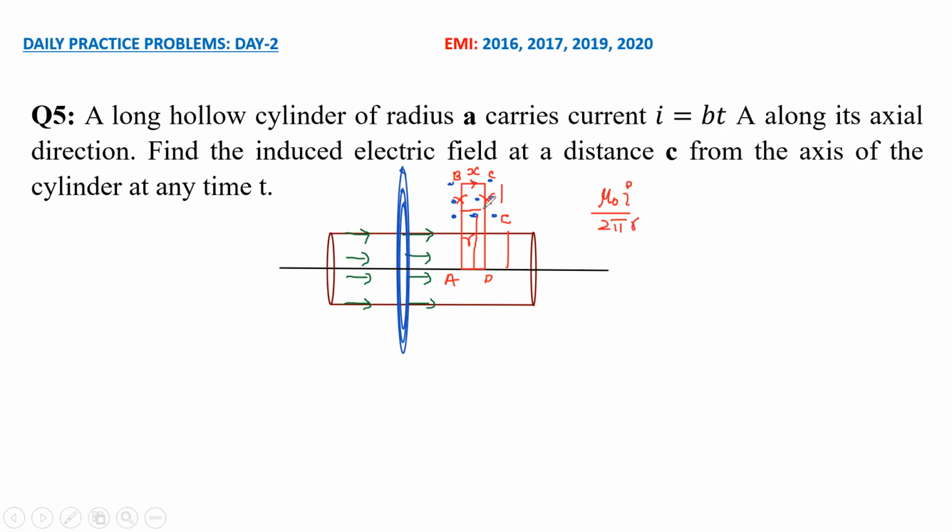And here, let me consider a small dr. So the area of such a strip is x into dr. Magnetic field mu naught I by 2 pi r times x dr gives me the flux.